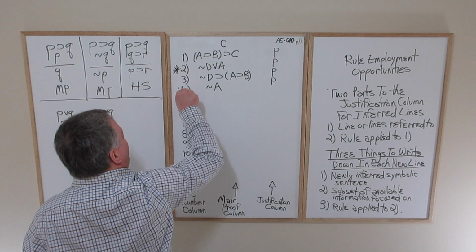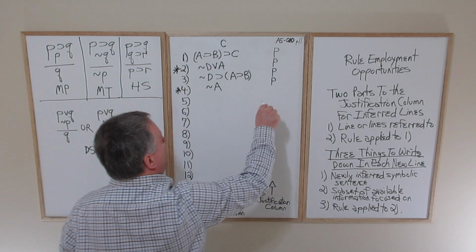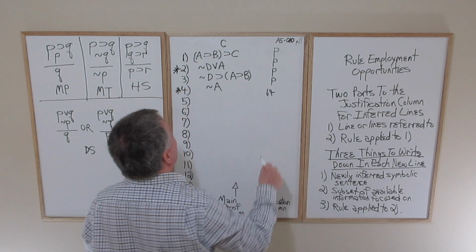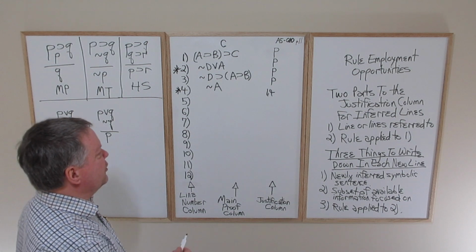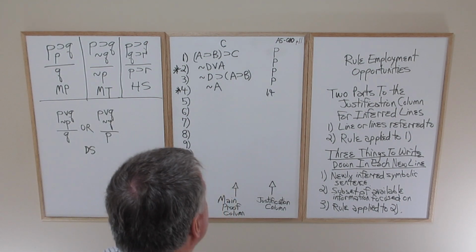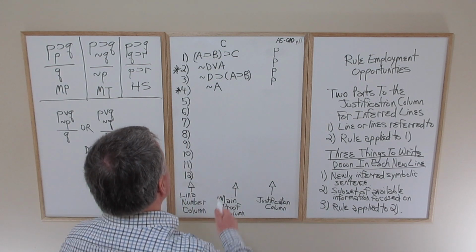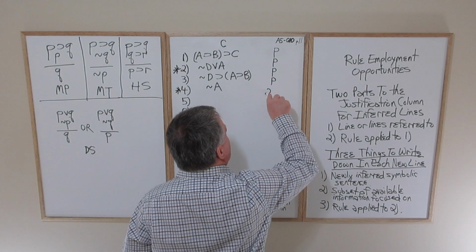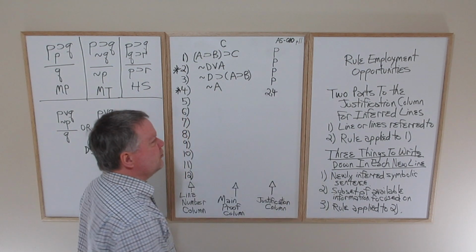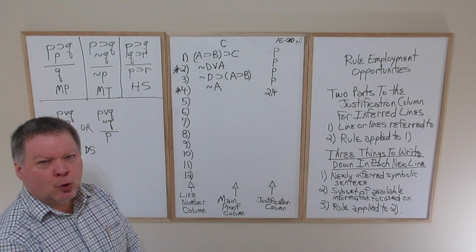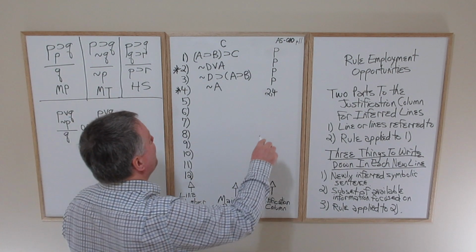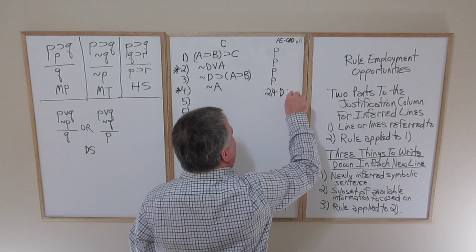We'll start off here. 2 and 4 satisfy the rule employment requirements for disjunctive syllogism.